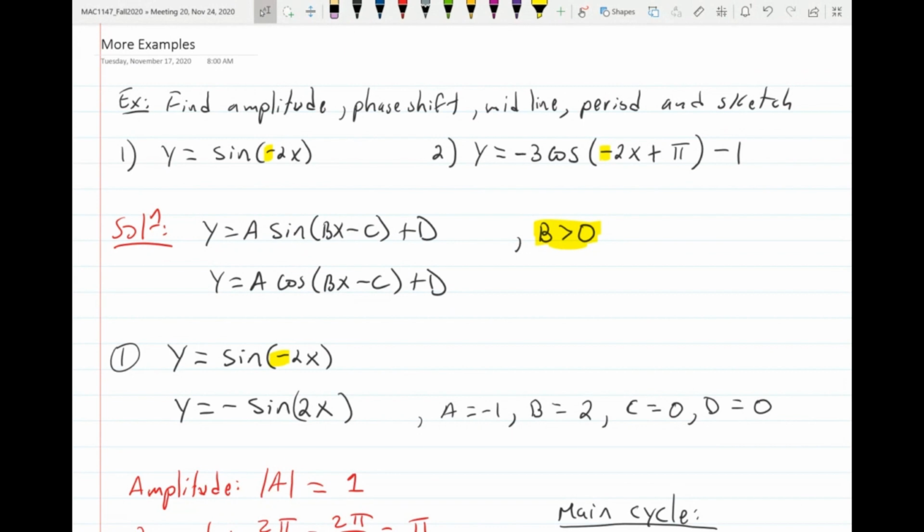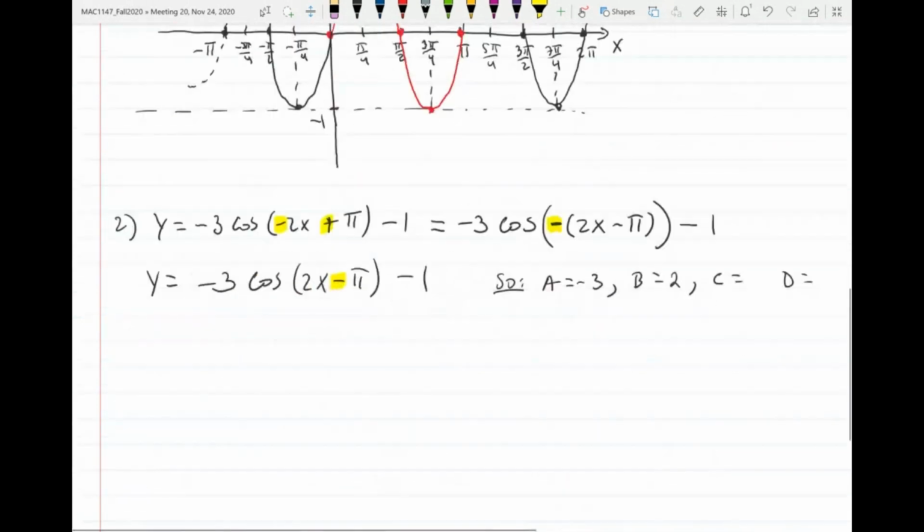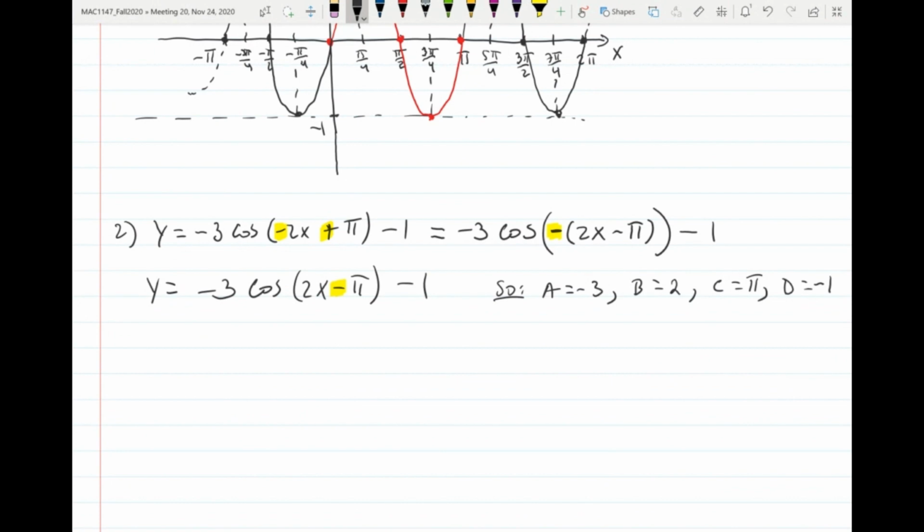The minus is already part of the formula, yes? So C is what you have after the minus. So you do not include the minus. If you had plus pi, then okay, C would be minus pi, because plus pi, you will write it as minus minus pi. Does that make sense? All right, so you have to be careful here. So C is pi, and D is negative 1. Everybody okay with this?